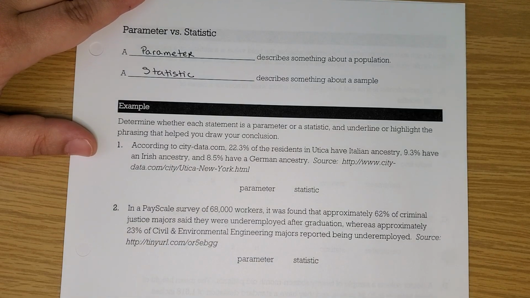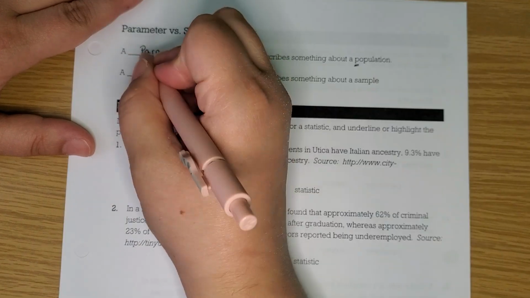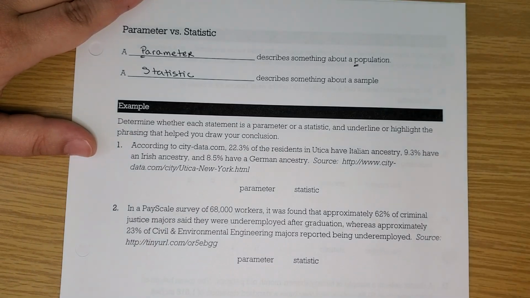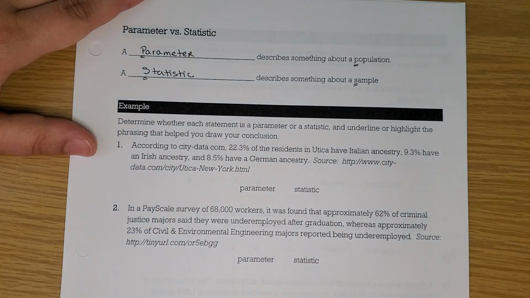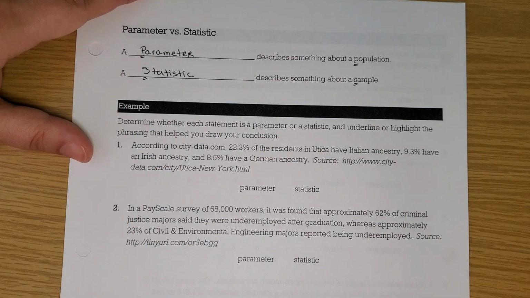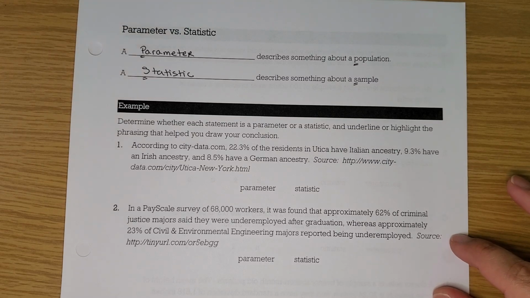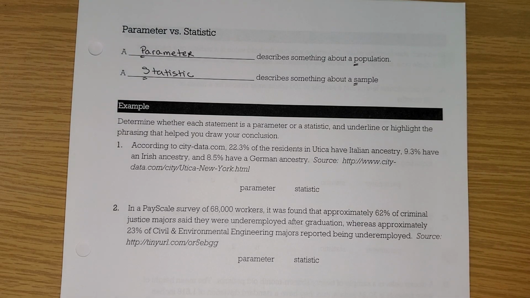Now, this is really nice that they named them this because both population and parameter start with P, and both sample and statistic start with S. So if I want to identify whether or not the value I'm looking at is a parameter or a statistic, I first have to look at who does that number describe. Does it describe something that came from a population, or does it describe something that came from a sample?